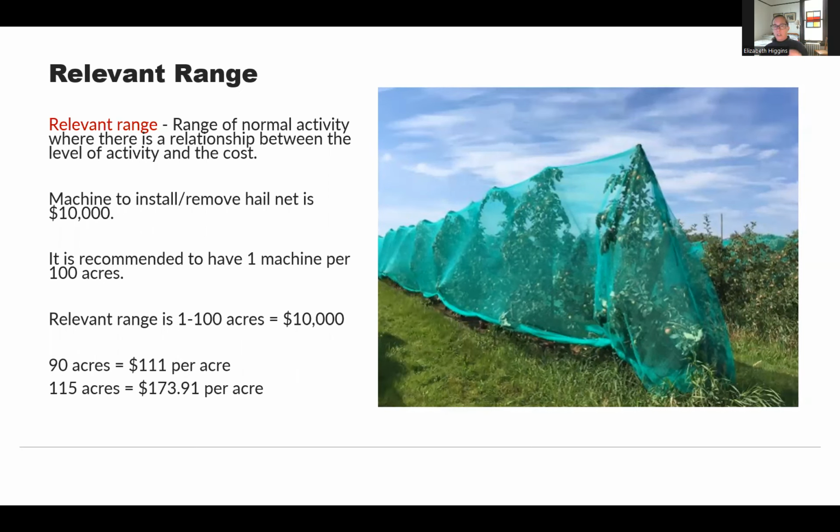For 90 acres, it's going to be $111 per acre. But if you get to 115, now you've jumped up. You may theoretically need to buy 2 machines, right? So even though you don't have much difference in acres, you have a significant difference in the cost per acre because you've moved beyond that relevant range that the $10,000 cost is in.